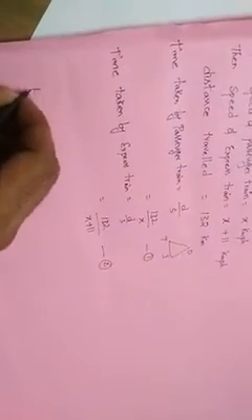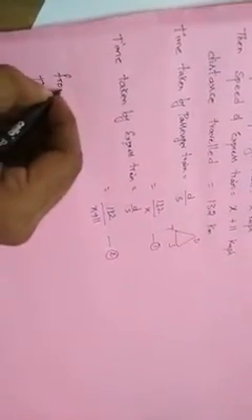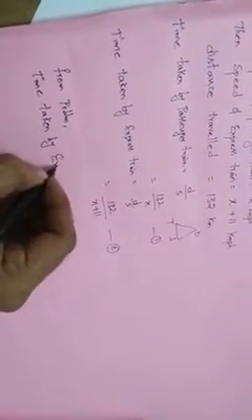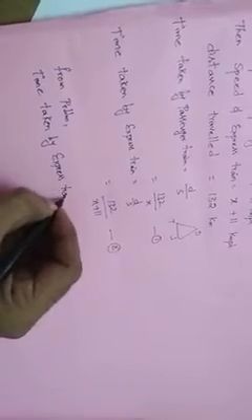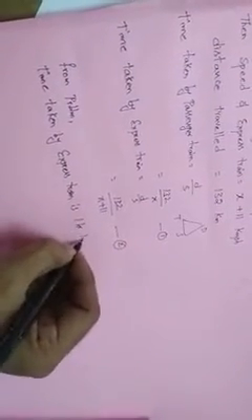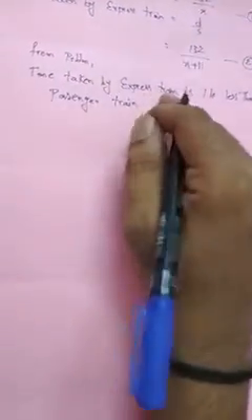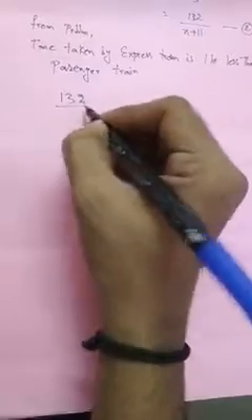So from the problem, the time taken by the express train is 1 hour less than the passenger train. Less means minus 1 from the passenger train's time.